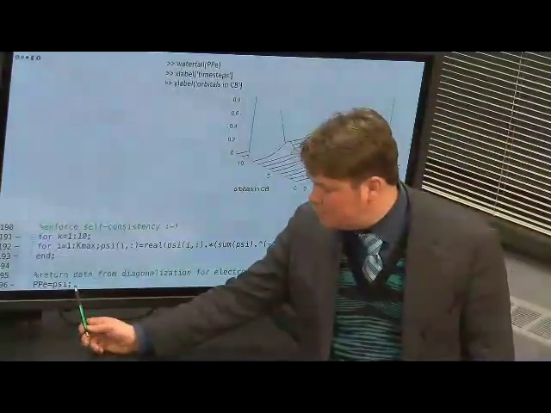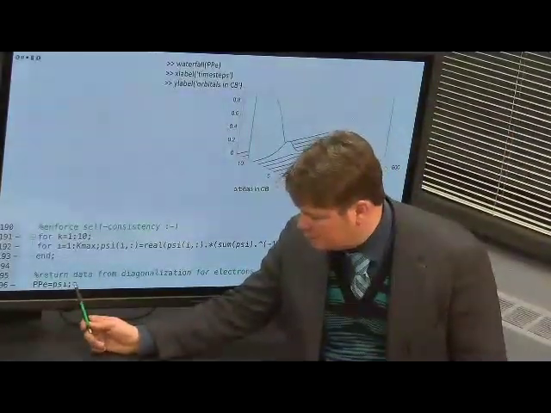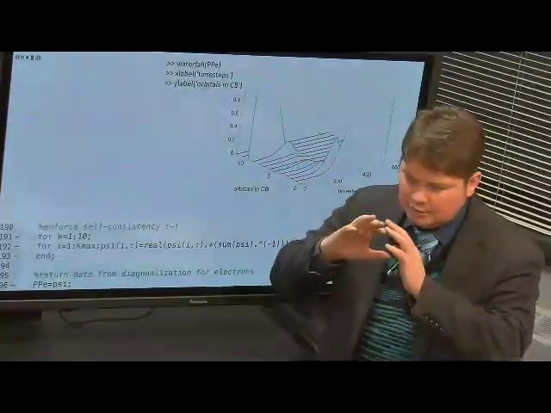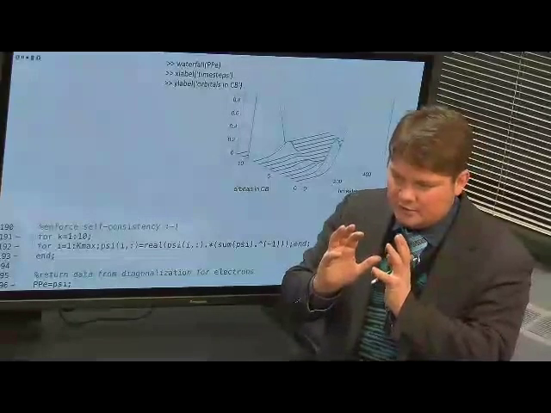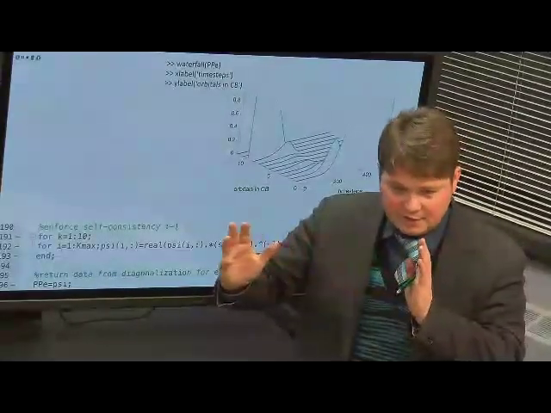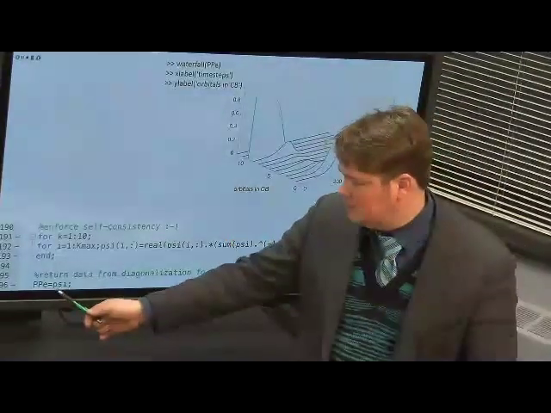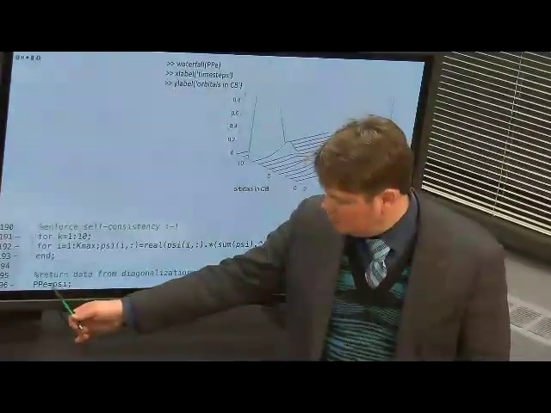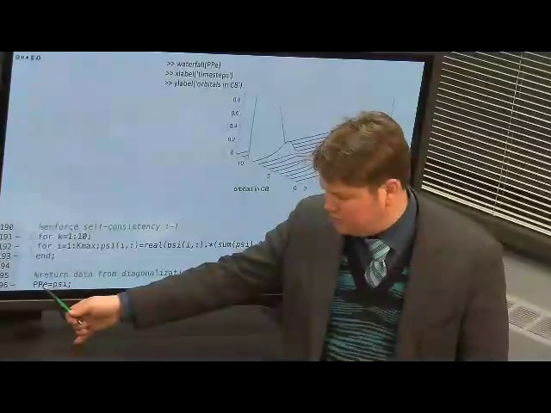And here we are funneling. So this psi is actually the diagonal part of the density matrix for electrons as a function of time. But the name psi is not ideal for such an object, so we put it into PPE.